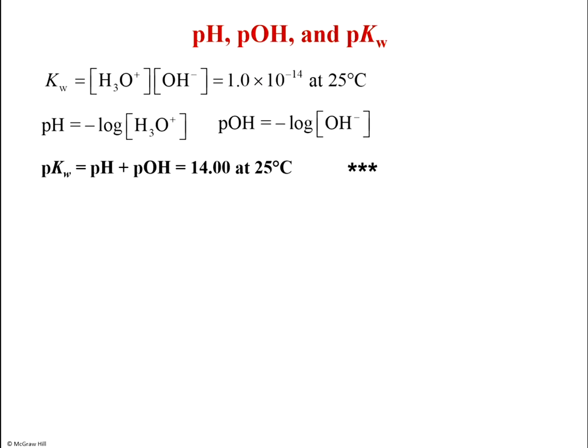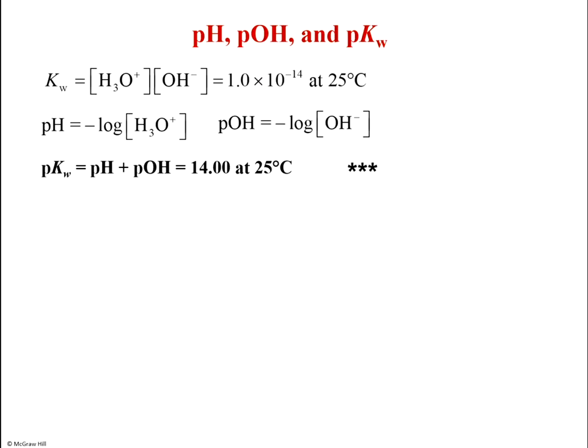Now we can see an important relationship between hydroxide, hydronium, and Kw using our logarithmic relationships. We know that pH is minus the log of the hydrogen ion concentration. Now we can go back to Kw, which is equal to the product of hydronium times hydroxide, and that happens to be equal to 10 to the minus 14.